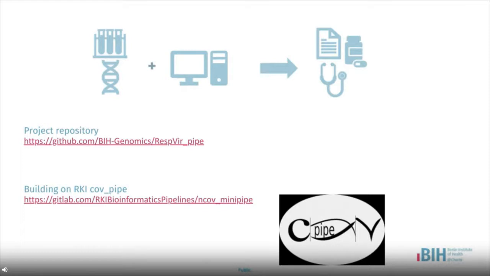We have utilized the already developed bioinformatics workflow COVPipe, developed by the Robert Koch Institute in Berlin, and added additional functionality in order to enable analysis of sequences enriched with the Illumina Respiratory panel. We named our solution RespVir, and it can be freely downloaded from GitLab at the specified HTTP address.